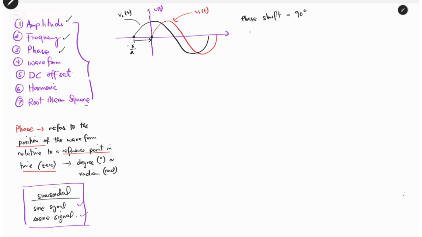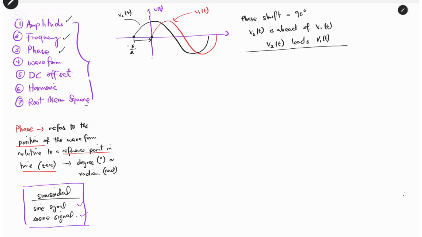Now we can say V2t is ahead of V1t. That means V2t leads V1t. And this is how you normally explain a signal.